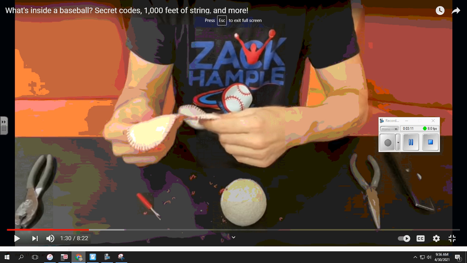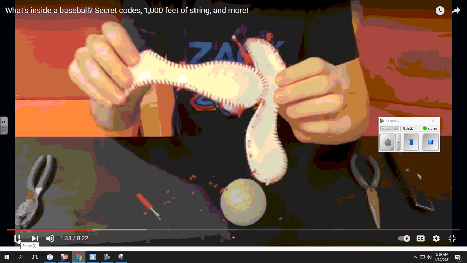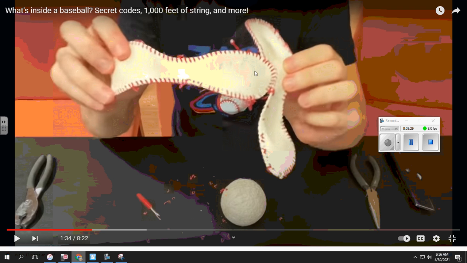All right, you guys, here is what a baseball looks like when you take the leather off the outside. I want you guys to see, it's two of these rounded shapes, they look like sleeping mask shapes.